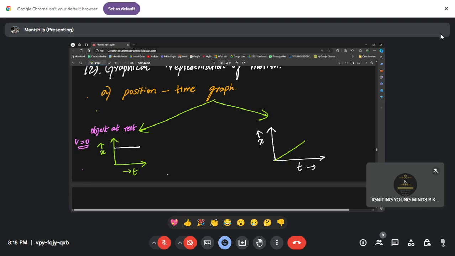The position is changing linearly with time, right? Therefore, there is equal change in position in equal intervals of time. That is what it means from this graph. There is a linear relationship. So here the object is in motion. To be more precise, it is in uniform motion.